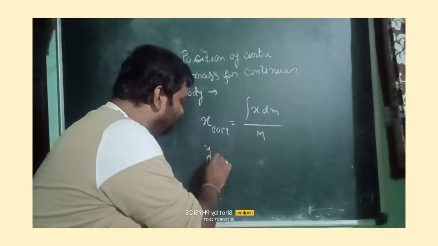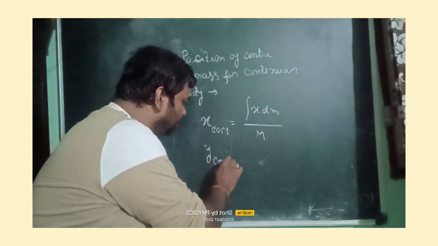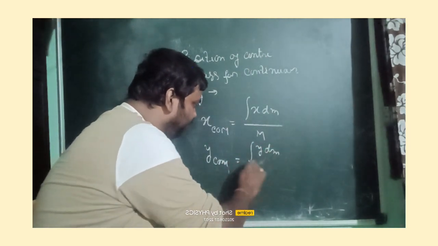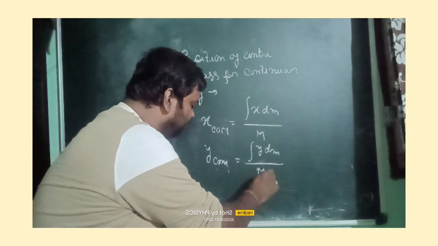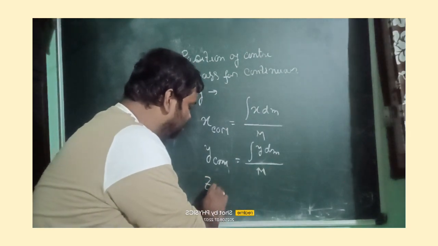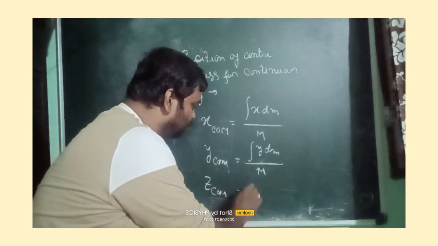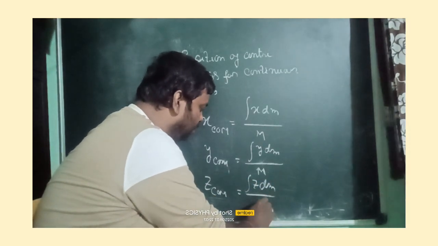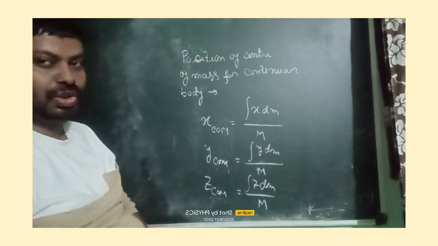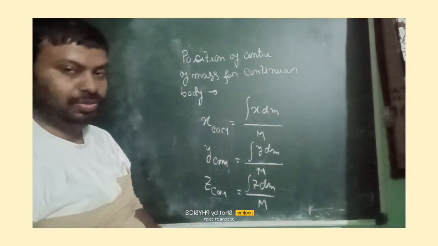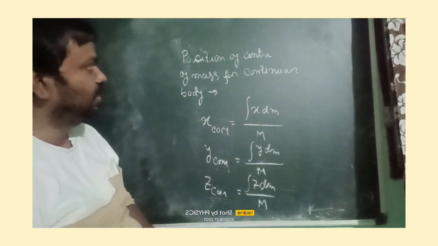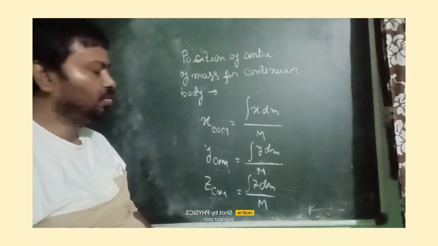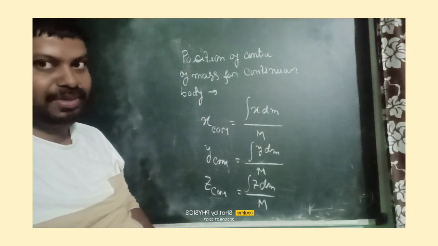And ycom is equal to the integration of y dm by M, and zcom is equal to the integration of z dm by M. Those are the formulas to be used in the case of a continuous body to find the center of mass for the continuous body system. Now we move to a numerical.